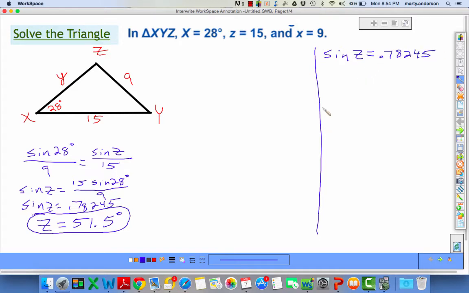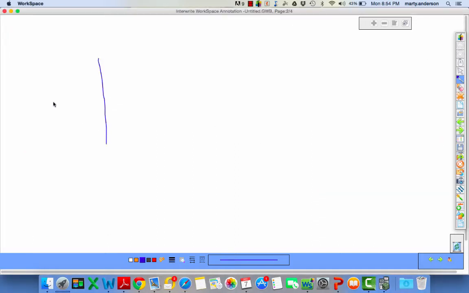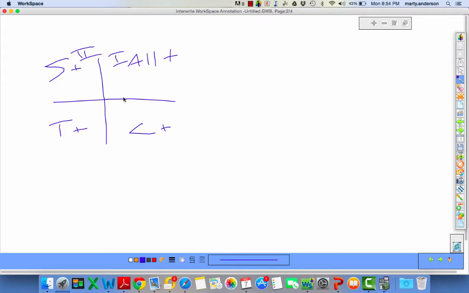Remember that sine is positive in quadrant 1, where everything is positive. The sine is also positive if you remember the STC, the sine is positive in quadrant 2. Quadrant 1 and quadrant 2. Therefore, there are numbers from 0 to 180 that all have a positive sine.